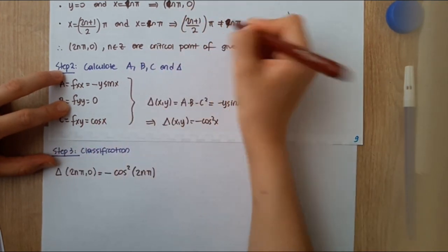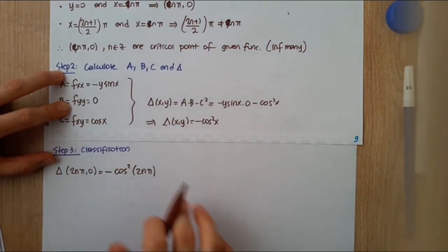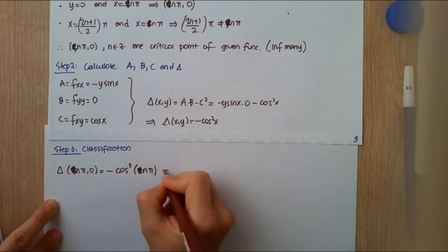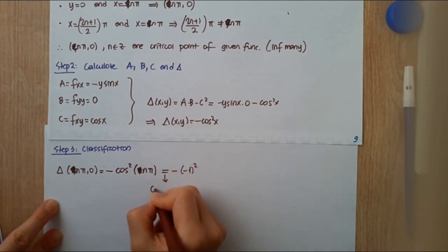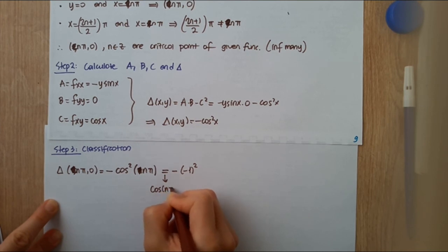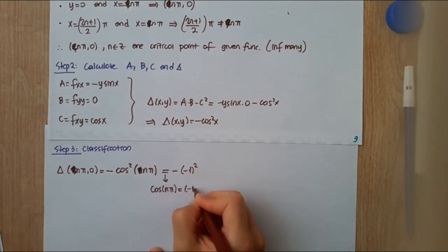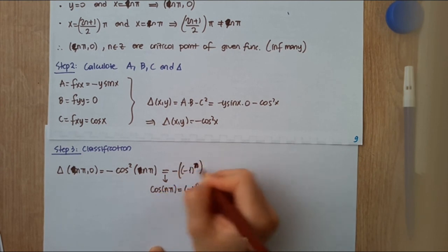There is no need to make it even. So I have n pi here. So this is also n pi, which means we have minus 1 squared, because we all know that cosine n pi equals minus 1 to the n, right? So first we have n, then we have squared.